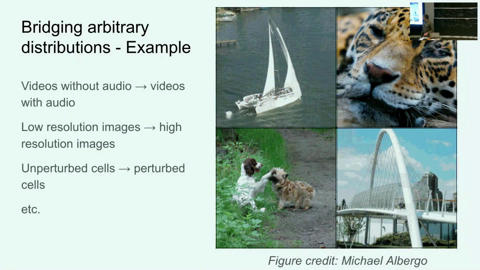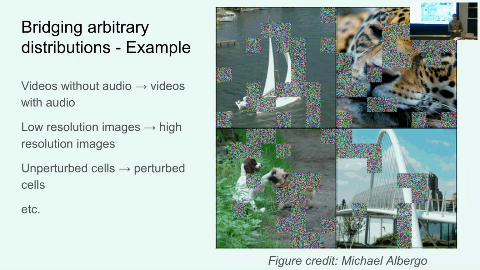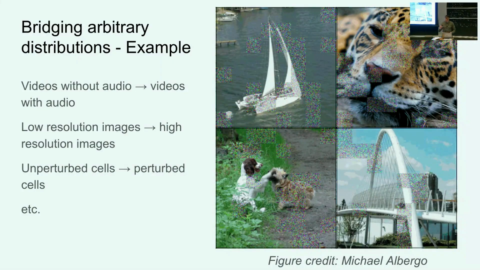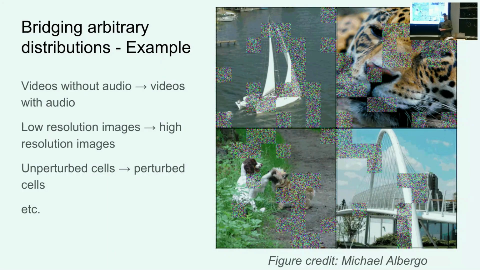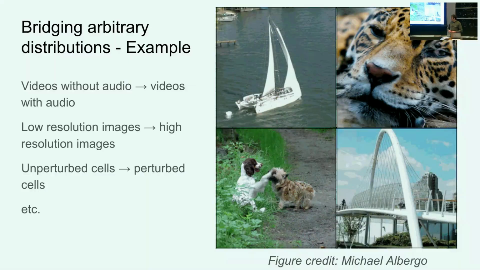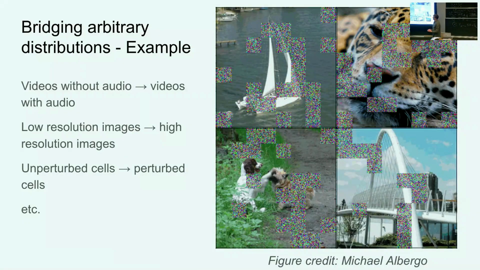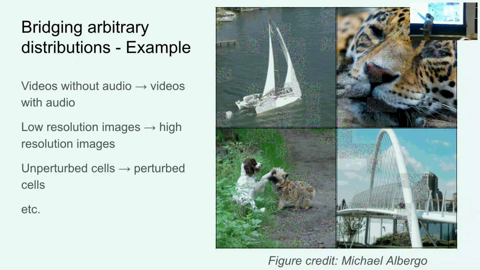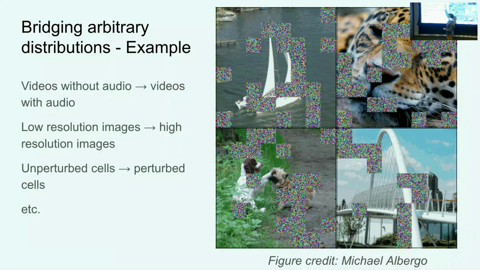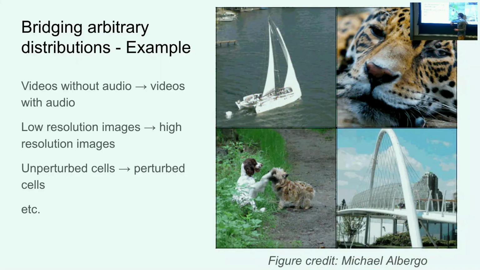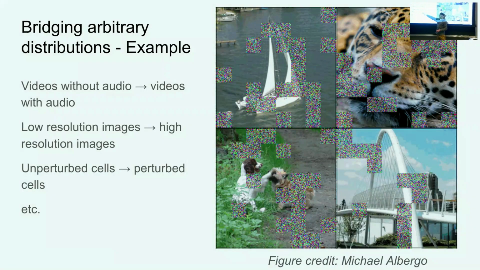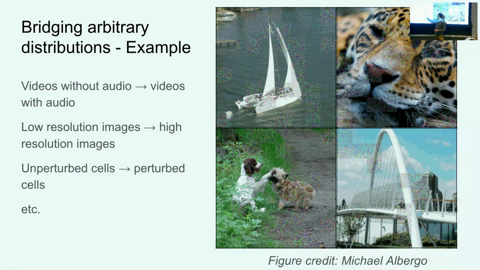But there might be other cases where your initial distribution is much, much more interesting. A lot of people are exploring that in the image space, in the audio space, in the sciences a lot, where your initial distribution is something meaningful in itself. For example, you can think about a video without audio being converted to a video with audio, a low resolution image to a high resolution image, an unperturbed cell, if you have biological data, to a perturbed cell.